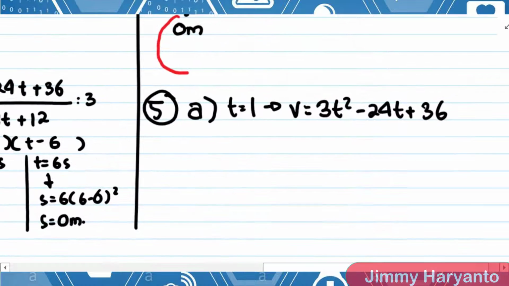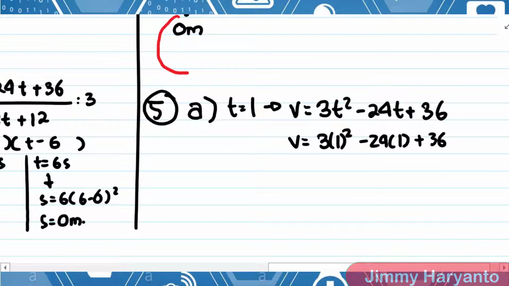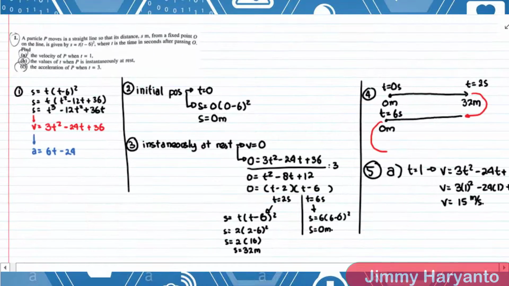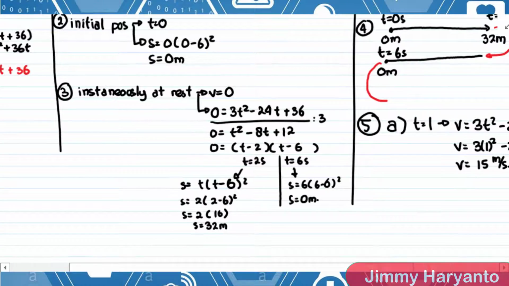The equation we already got before, so you will substitute the 1 like this, 3 minus 24 times 1 plus 36, and that means the velocity will be 39 minus 24, 15 meters per second. Okay, velocity, positive.